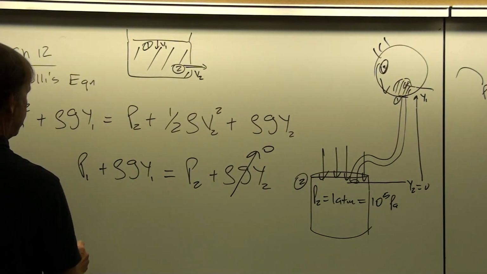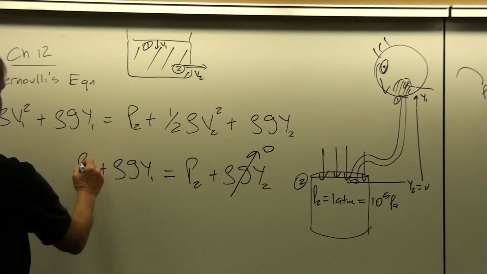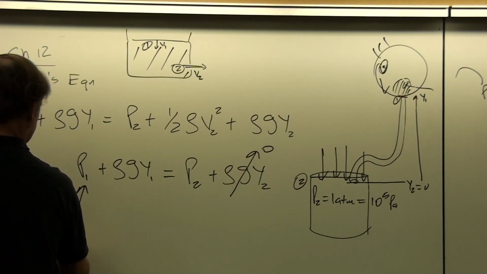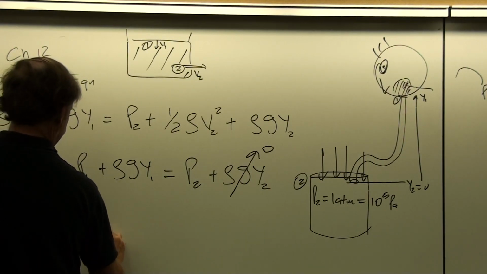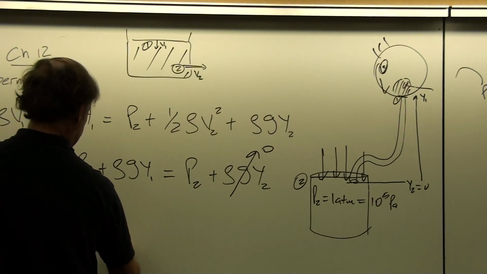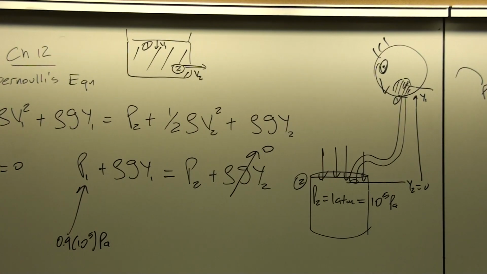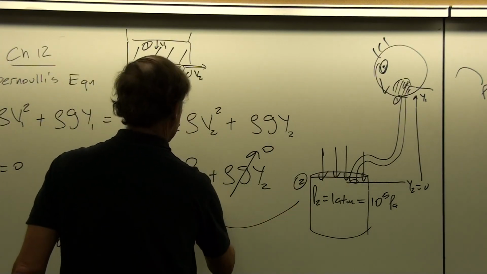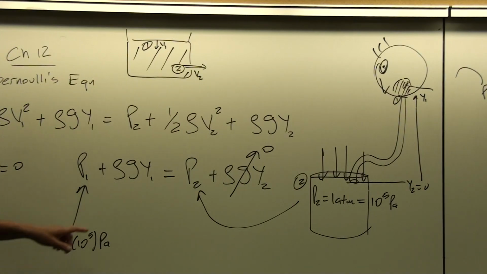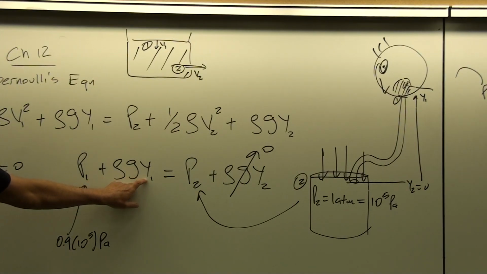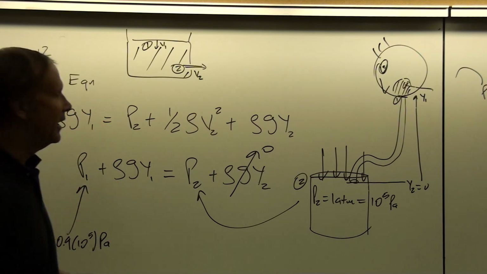And then P1, the pressure at point 1 in the fluid, is 0.9 times 10 to the 5 pascals, because it's 9/10 of atmospheric pressure. And so then we could ask, what is the maximum value for Y such that water will flow through the straw?